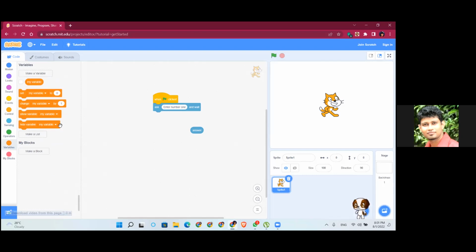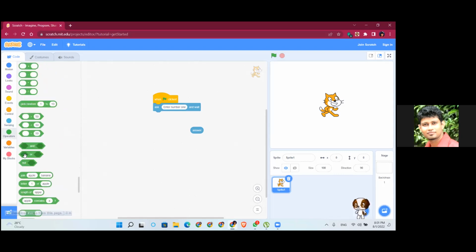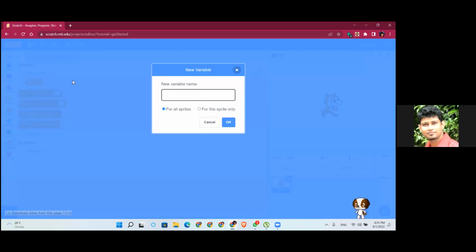There you can see make a variable. That is a button, orange color. So please refer to the color, orange color. Then you can see make a variable. Name it number 1, n1.